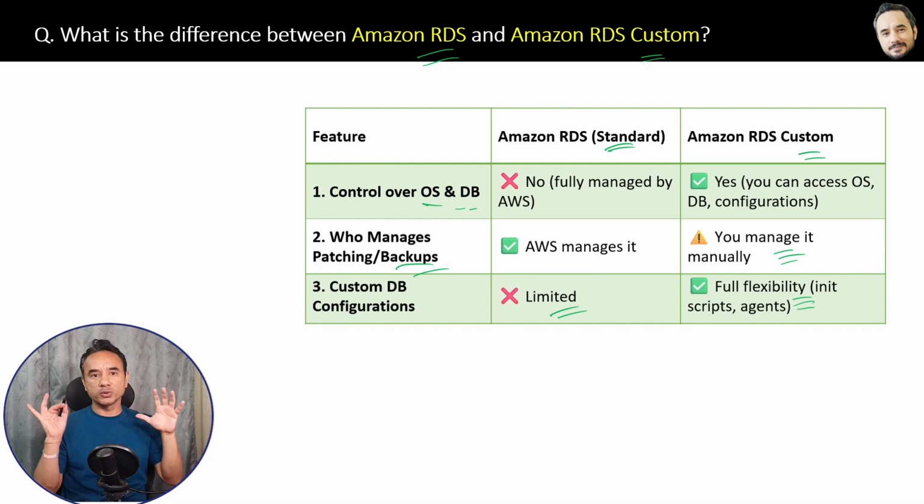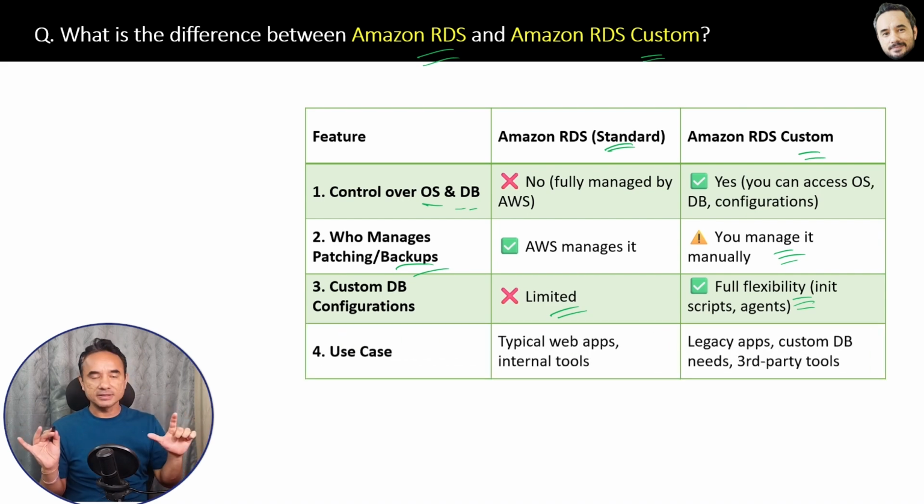Now the most important question, when to use what? See, here it is. If you are creating a fresh and simple database, then go for Amazon RDS. But if you are migrating some legacy database, and there the third-party tools are involved, then go for RDS Custom, because it supports legacy apps. Means you have the full control, so you can do the configurations as per your old database.